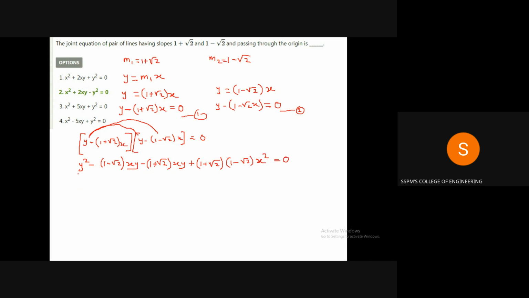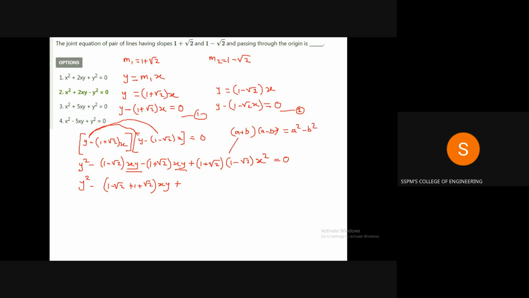Okay, so if we simplify this equation we will get y square minus 1 minus root 2 plus 1 plus root 2. Okay, the xy is on both sides, we will take it common. So 1 minus root 2 plus 1 plus root 2 into xy, plus again similarly we will use the formula of a plus b, a minus b, which is a square minus b square.